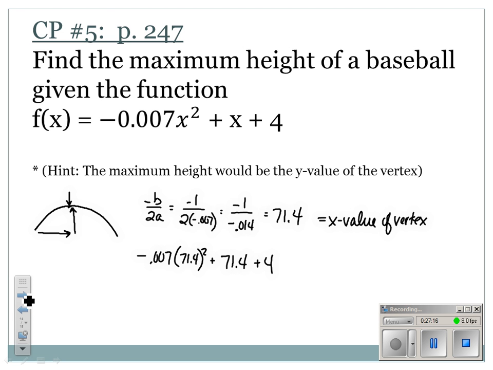Plug that x value in, and now we're going to solve for y. So doing 71.4 squared times negative 0.007, you get negative 35.7. And then plus 71.4 plus 4, and all of that together gives us 39.7 feet. Okay, so that kind of problem, not so bad.